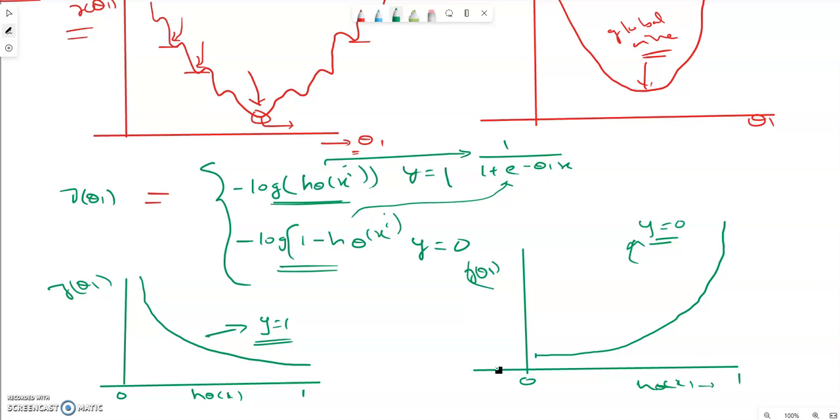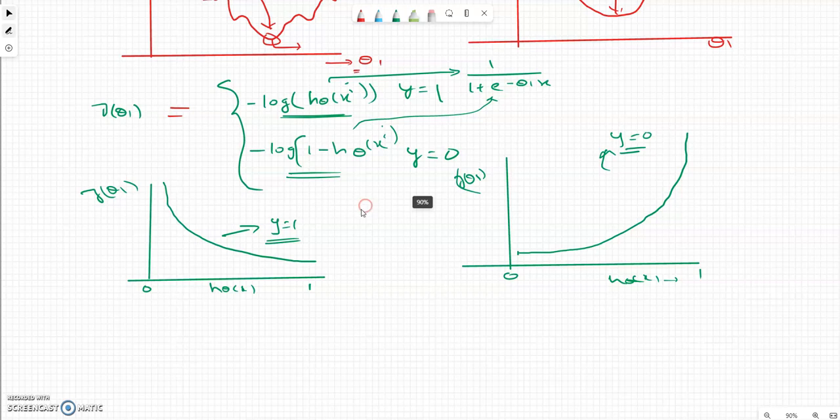Now by combining these two equations, we can write a single function like this.